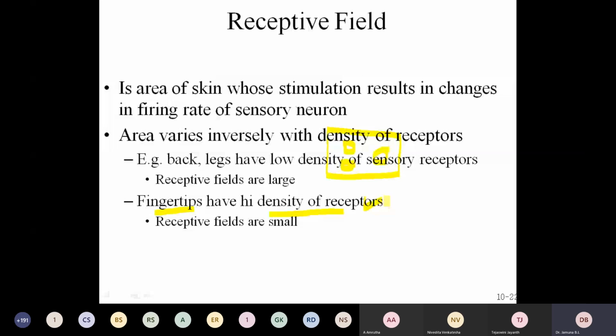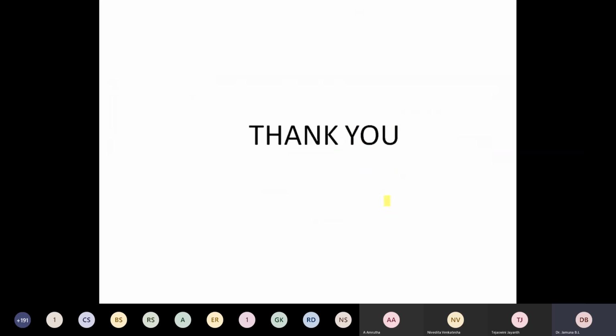So today we have discussed the sensory receptor. To summarize, I have given the introduction to the nervous system. What do we mean by sensory nervous system and components of the nervous system, and what is the difference between sensation and perception. We discussed the definition of a receptor. Which receptor are we talking about? Is it the biochemical receptors, or the receptors which are involved in the nervous system?